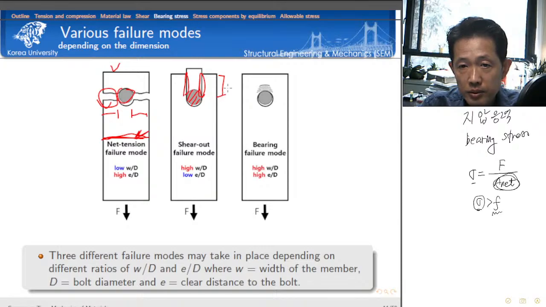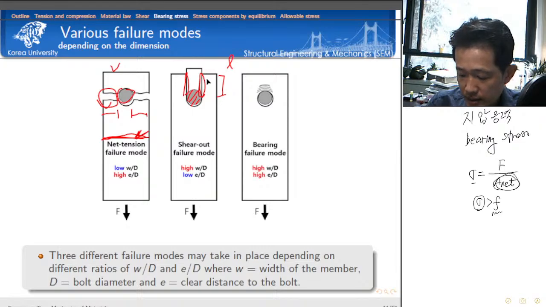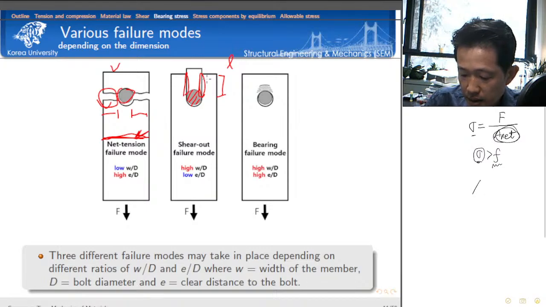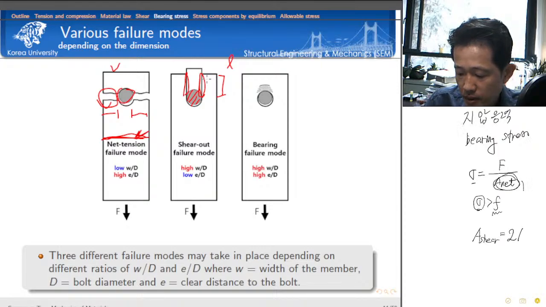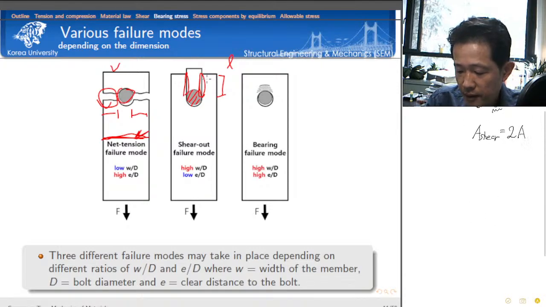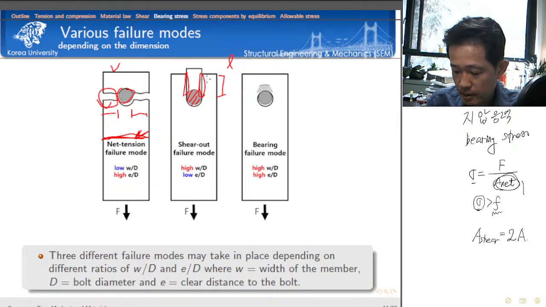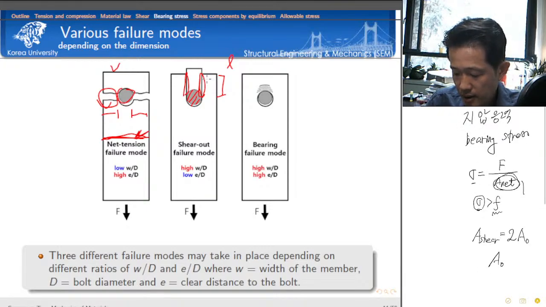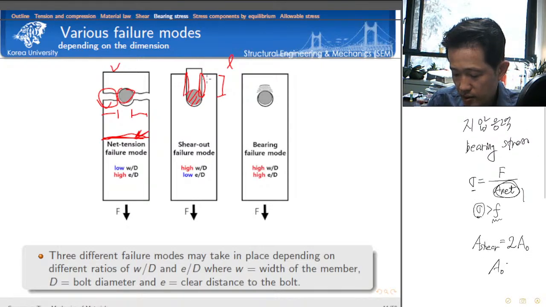For educational purposes, let's say this length is L, with thickness t. Then there is a shear area, and we have two of them. The reference area is equal to the length times the thickness of the member.